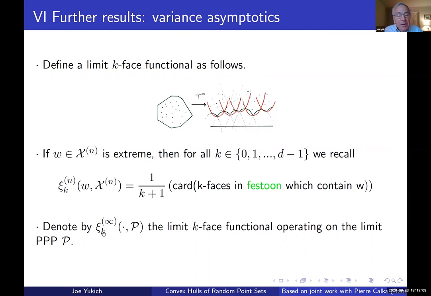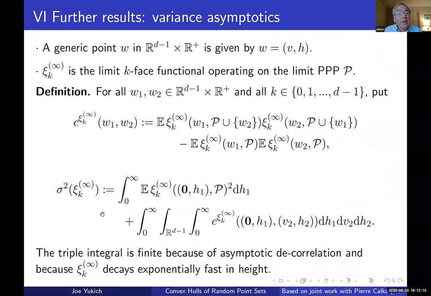So the point is we can define some limit score functions. With these limit score functions, we can define the following constants. Letting psi k of infinity be the limit k-face functional, let's define, for points W1 and W2 in the upper half plane, the covariance of scores at points W1 and W2. This is just the covariance.